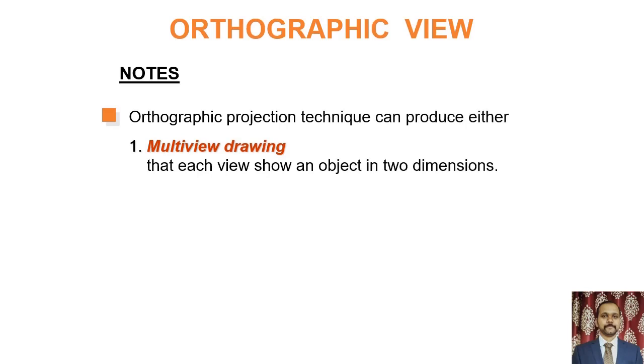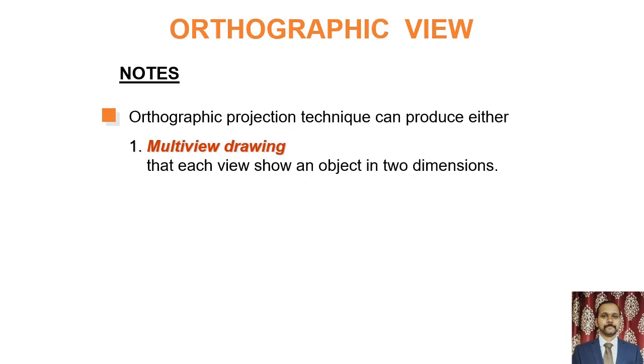So orthographic projection techniques can produce a multi-view drawing, where each view shows an object in two dimensions. Okay, so that means if you see this orthographic drawing, we are trying to create it in 2D format.